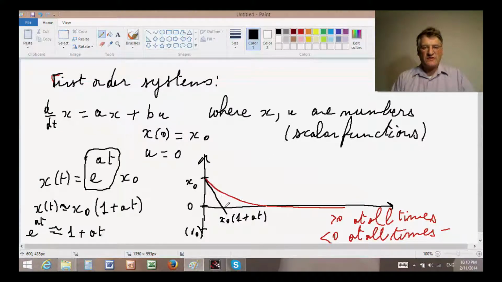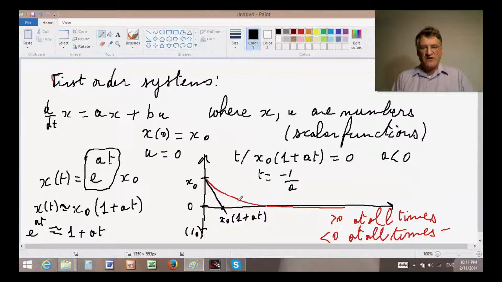Now, where does it cross the 0 axis? It crosses the 0 axis at the location t such that x0 times (1 plus at) is equal to 0. We assume, of course, that a is negative, otherwise we have a growing exponential, which is not of much interest to us. And what we obtain is that t must be equal to minus 1 over a.